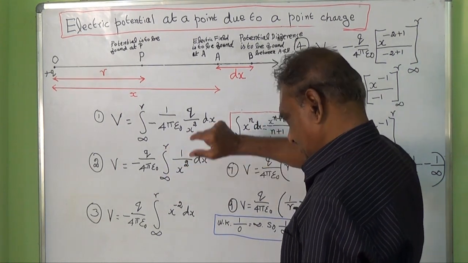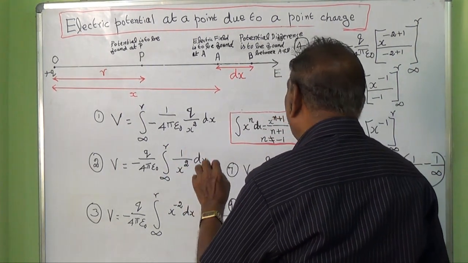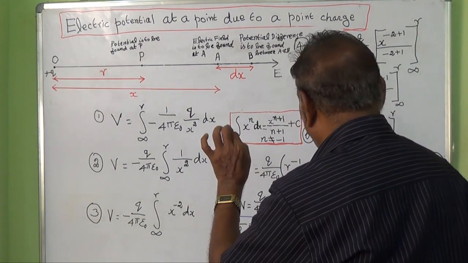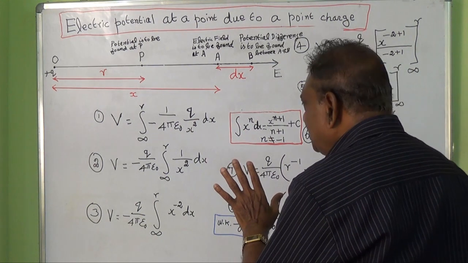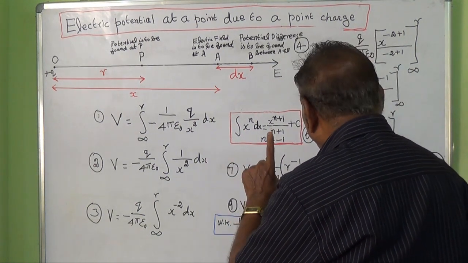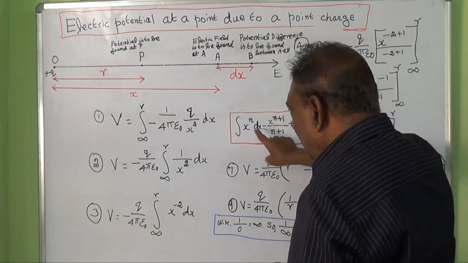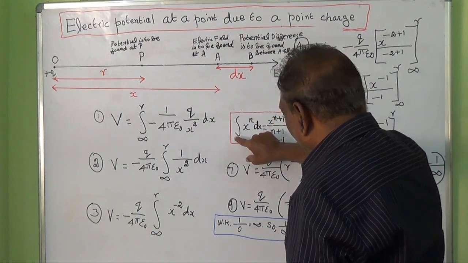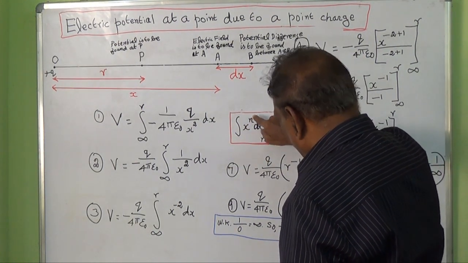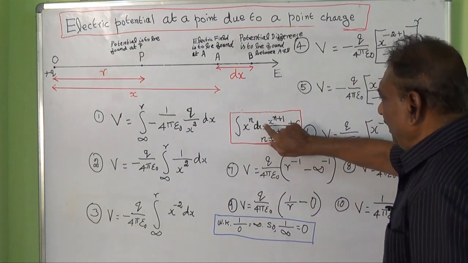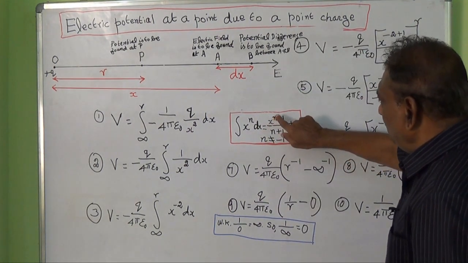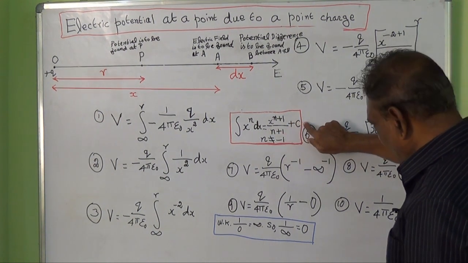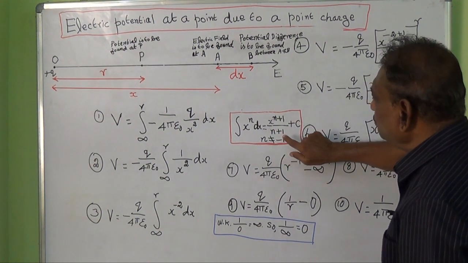square dx. We know the formula for integration, that is to integrate the variable with power n. What is that formula? Integral x to the power n dx equal to x to the power n plus 1 by n plus 1 plus c, n not equal to minus 1.